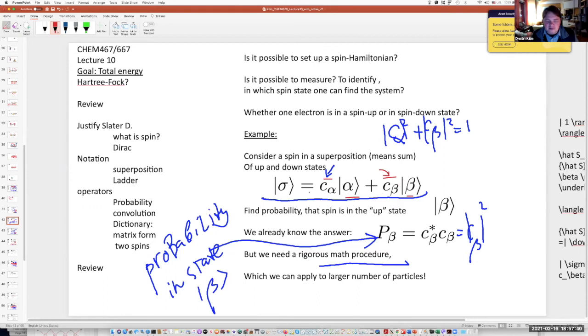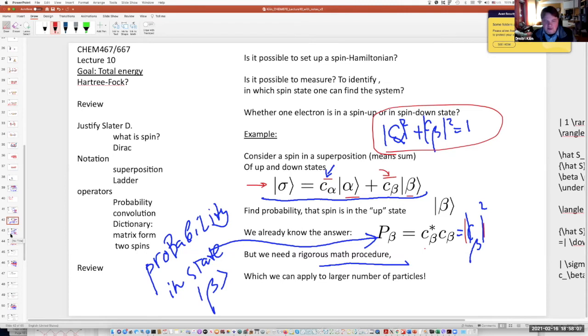And if this is the case, then the probability that the spin is in the state beta will be C sub beta absolute value squared, or C star beta times C beta. And here is the normalization condition for a general wave function. In the homework, there will be only pure states.